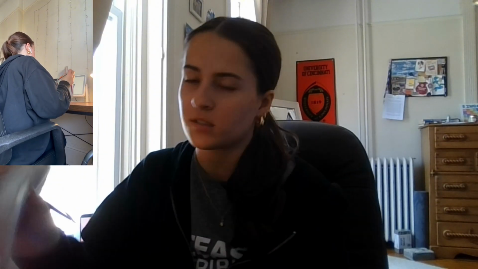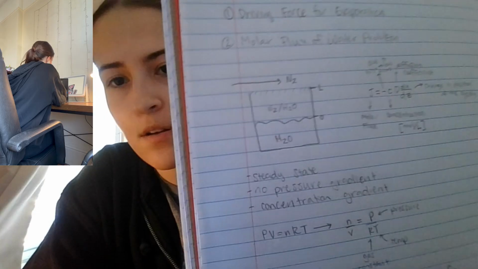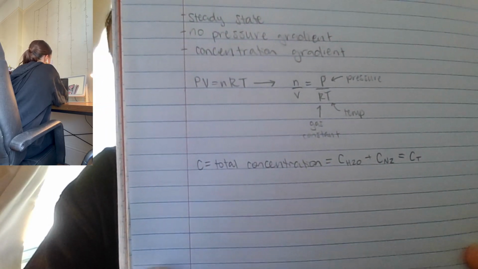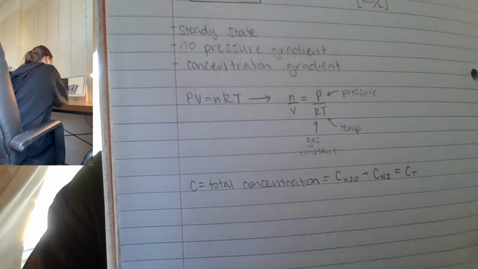So these are the two components of our system. The concentration of the pure H2O and the pure N2 is going to be equal to our total concentration in this system. So I've just written here that C in our Fick's law equation is equal to the total concentration of the system, which is equal to our two individual components added together.